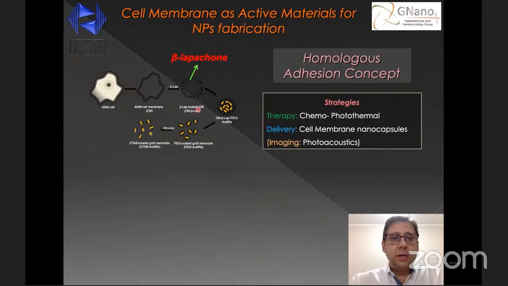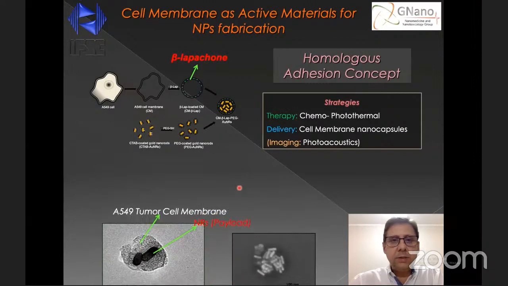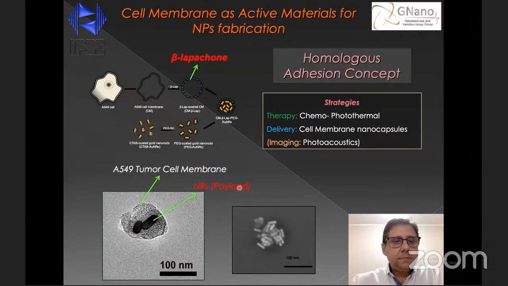So using this strategy, we solved the problem of the insolubility of beta-lapachone, because in this case the molecules were incorporated into the hydrophobic part of the cell membranes of the nanocapsules. Using this strategy to manipulate the cell membranes and the gold nanorods, we obtain nanocapsules like this.